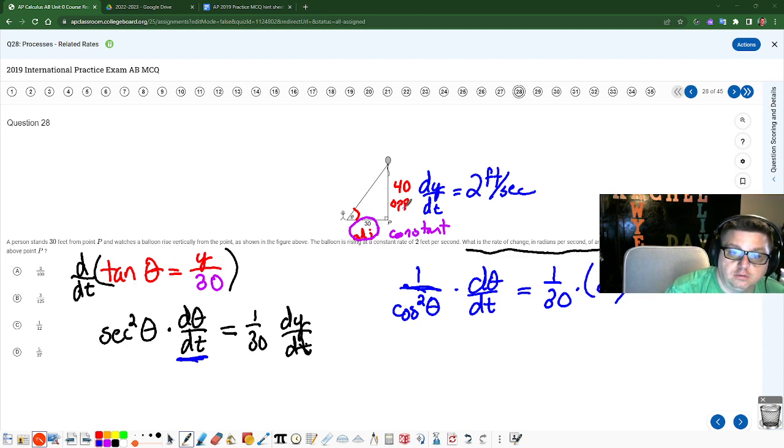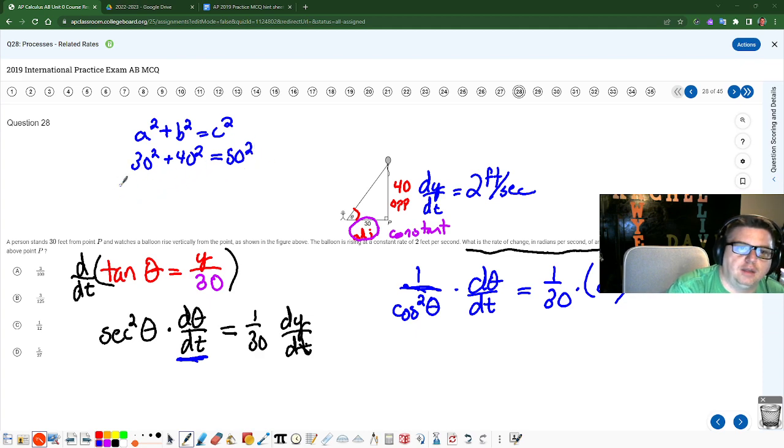Well, we have a triangle and we have an adjacent side. We can calculate the hypotenuse with a squared plus b squared equals c squared. So that will give us 30 squared plus 40 squared equals c squared, right? 3, 4, 5, Pythagorean triple. I don't know. Let's find out. 30 times 30 would give us 900, and 40 squared is 1600.